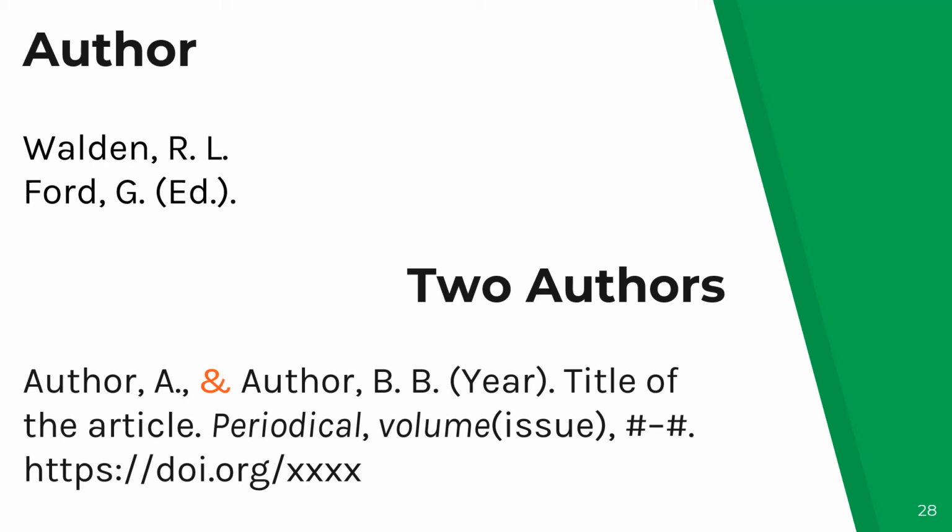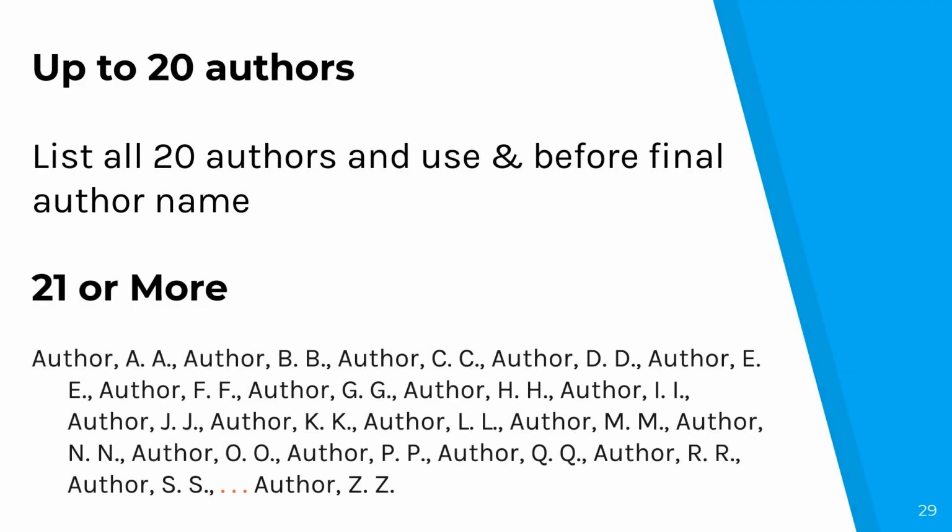When there are two authors, use an ampersand between the two authors' names. There will be a comma after the last author's initial before the ampersand. For works with 2 to 20 authors, list every author's name and put an ampersand before the last author's name.